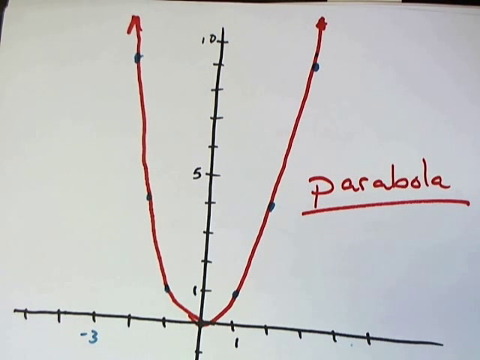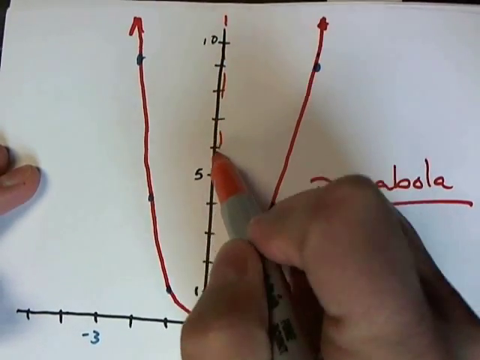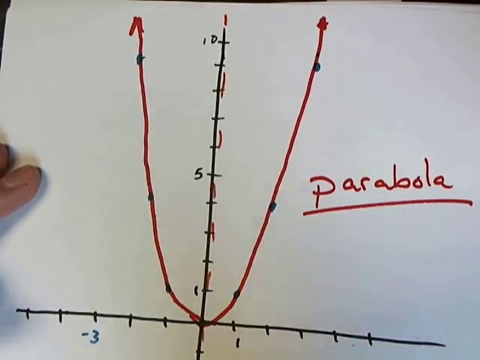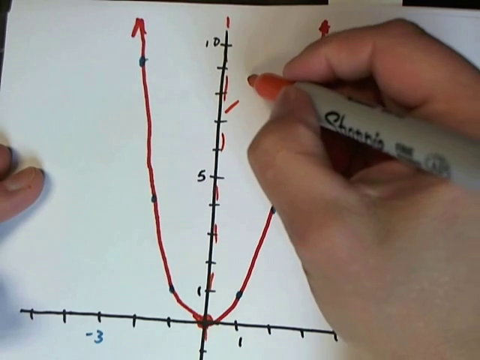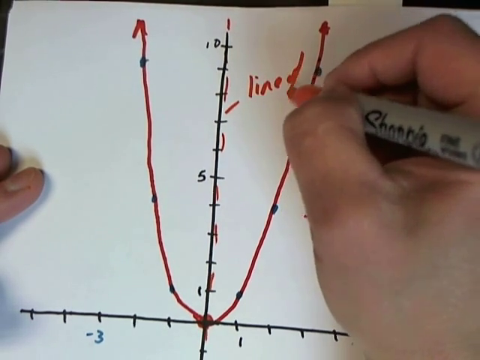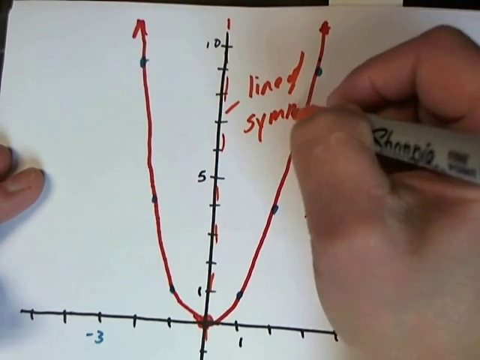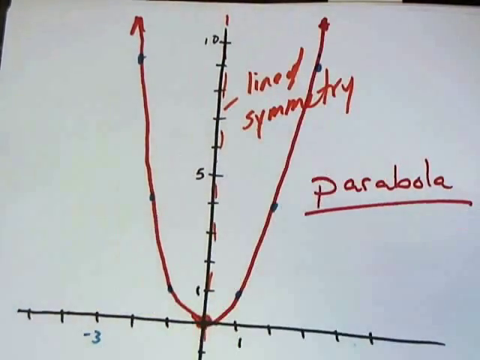All parabolas are symmetrical, meaning that the left side matches up with the right side. There's an imaginary line that goes through this lowest point, and this is called the line of symmetry. It's not officially part of your graph.